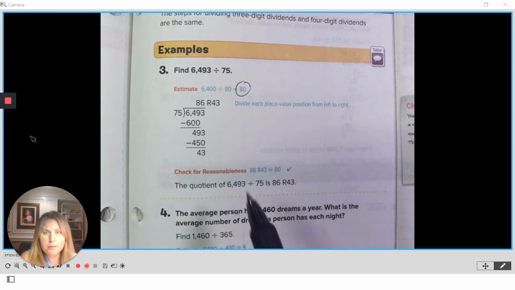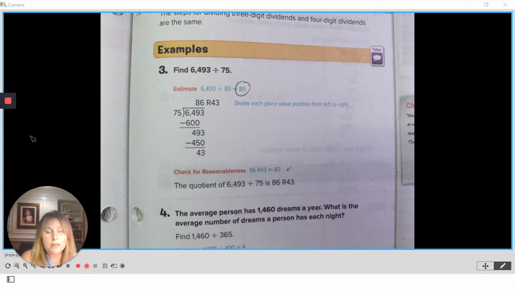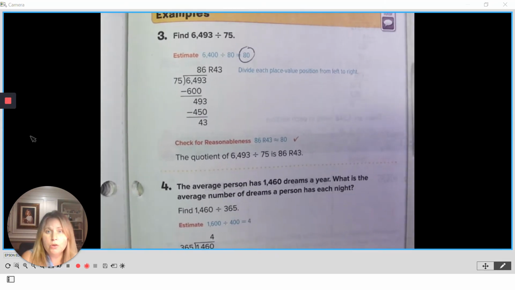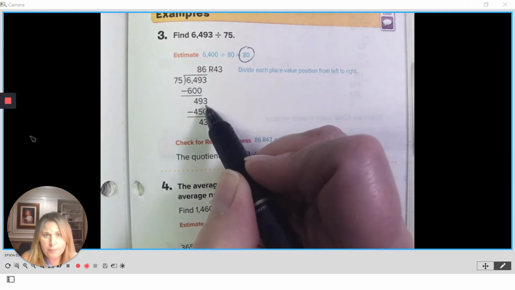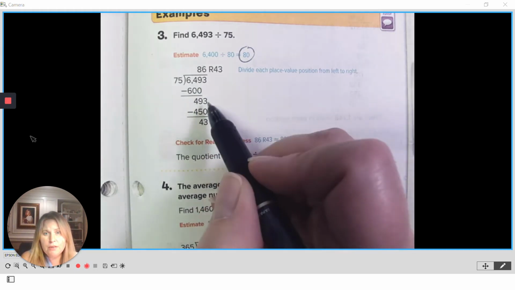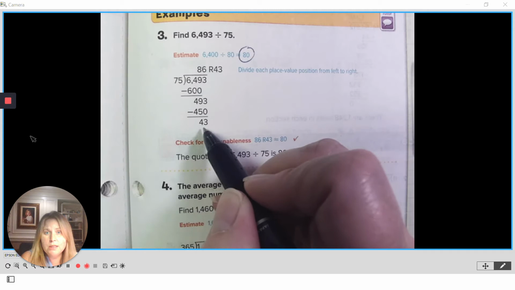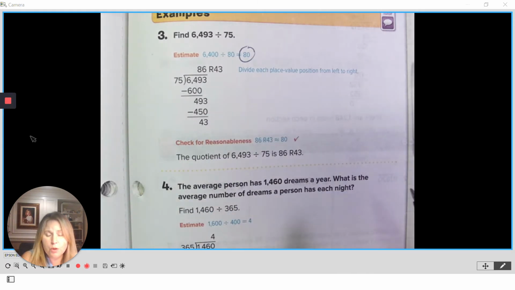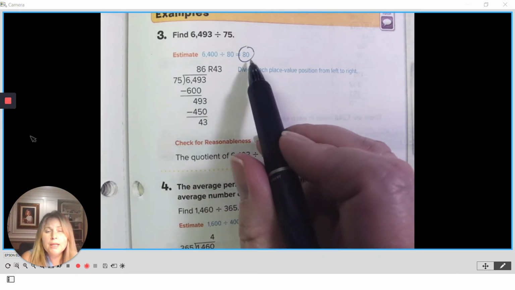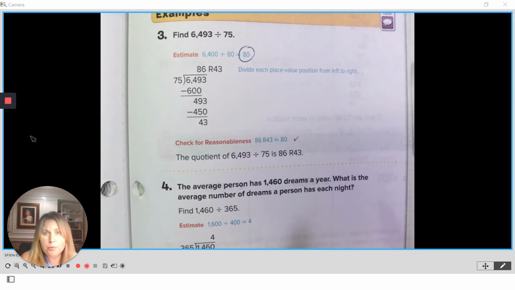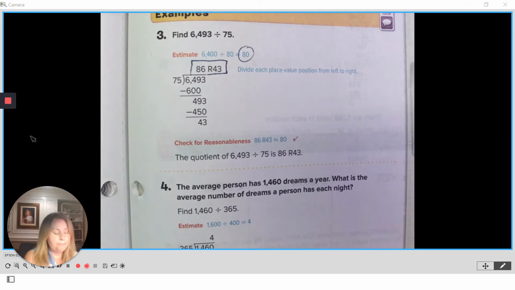Yes, 8 times. 8 times 75 is 600, and then we subtract. 649 minus 600 is, excuse me, 49, and then we bring down the 3, and then next, how many times does 75 go into 493? 6. We do 6 times 75, we get 450, subtract, we have 43, so it's a remainder of 43. And so 86 remainder 43 is relatively close to our estimate of 80. So that's a pretty reasonable answer. 86 remainder 43. Number 4.